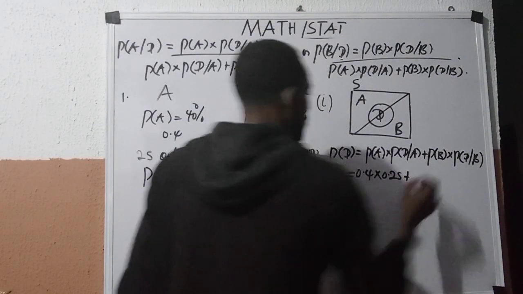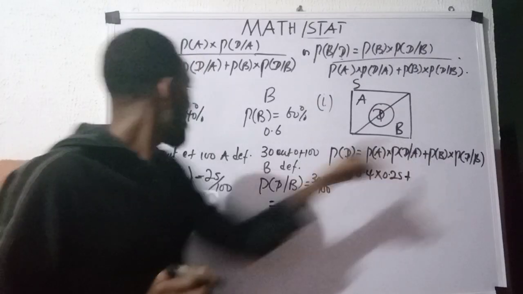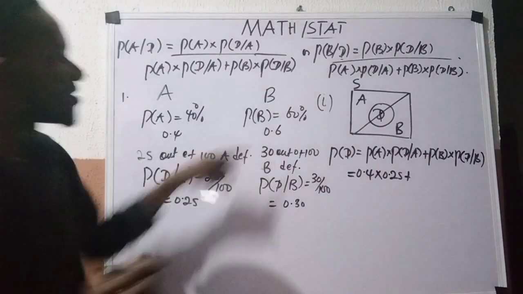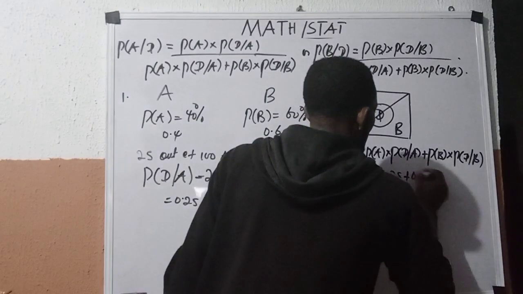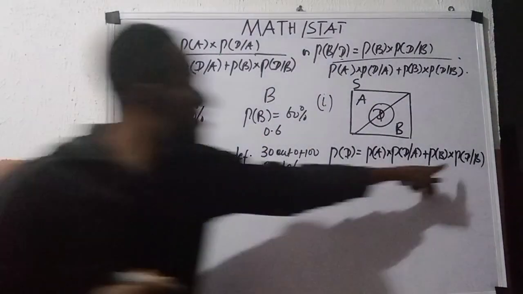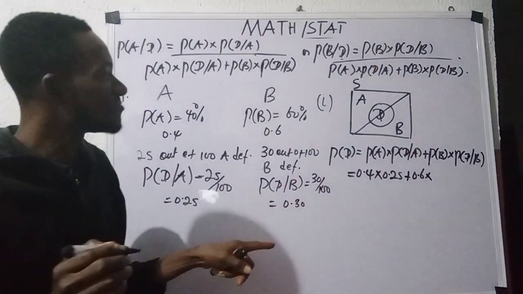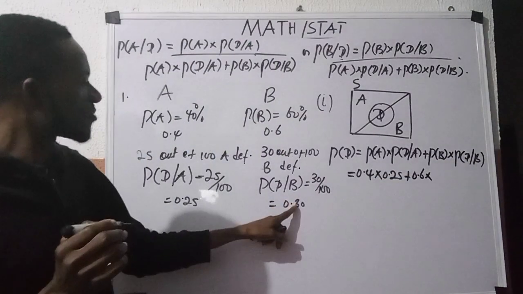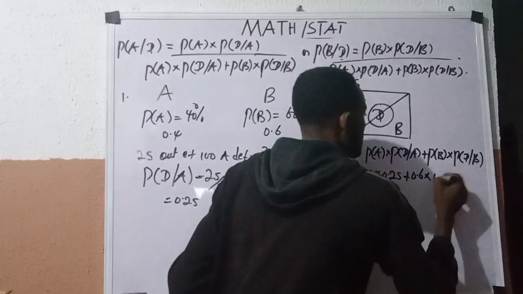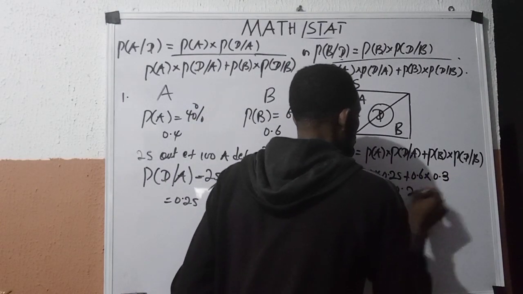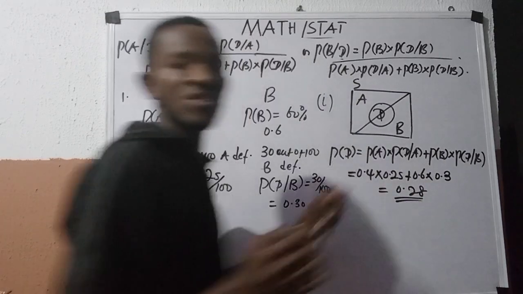The sign here is plus. The probability of B is 0.6. So I have 0.6 multiplied by the probability of defective given B, which is 0.3. If you check all this, I think it is 0.28. I've seen 0.28.